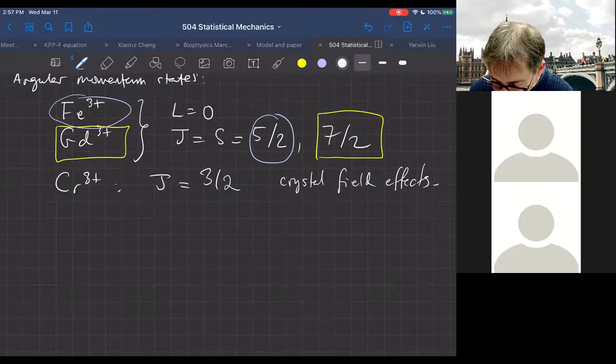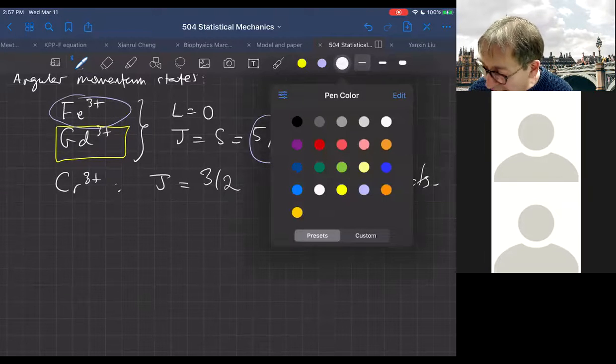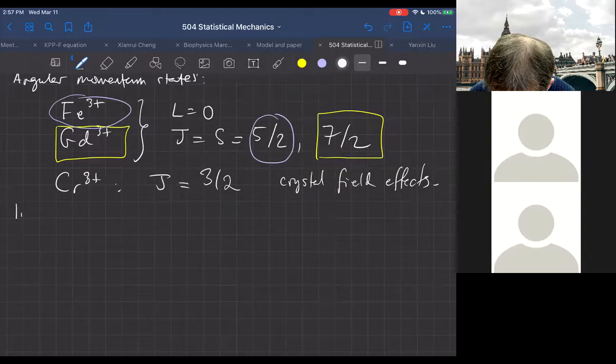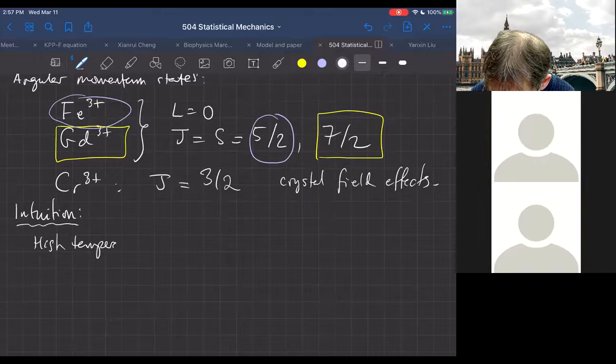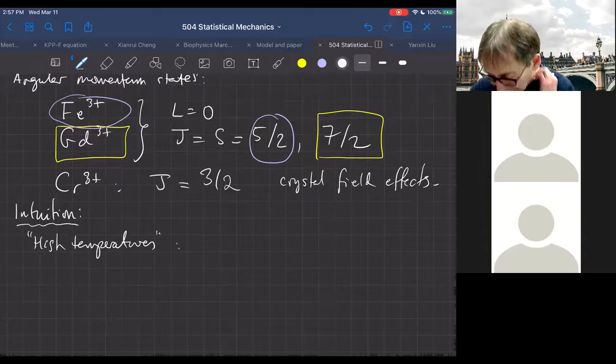All right. So what do we expect? What is our intuition about the behavior of the system? We're going to think about this at low temperatures and high temperatures. At high temperatures, and I'm going to put quotation marks around that because as physicists we know you always have to say high with respect to what, and I'm going to answer that question precisely in a couple of minutes. At high temperatures, what do we have to think about?